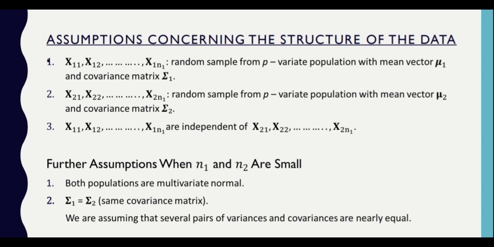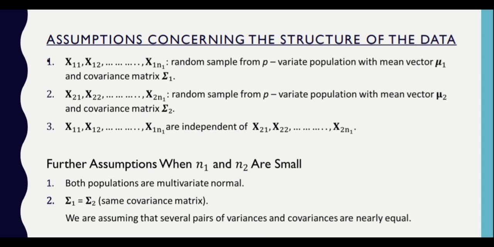If your sample size is large, there is no need to take this assumption into account. So when N1 and N2 are small, both populations must be multivariate normal for us to use the method.